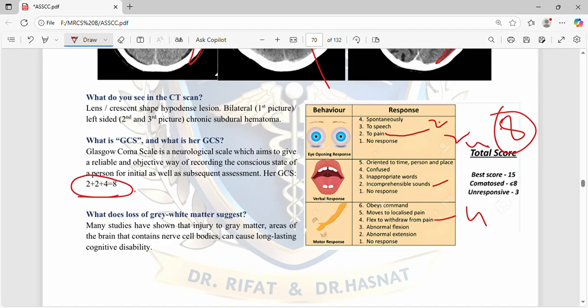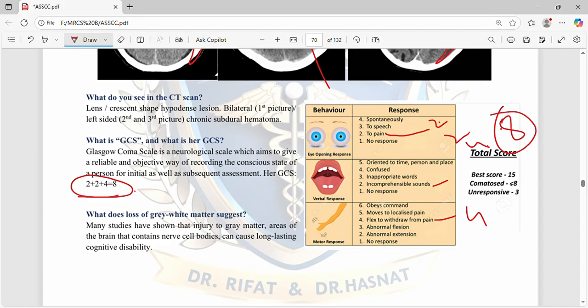The Glasgow Coma Scale is a neurological scale which aims to give a reliable and objective way of recording the conscious level or state of a person for initial as well as subsequent assessment. Her GCS is 2 plus 2 plus 4, equal to 8. What does a loss of gray white matter suggest?